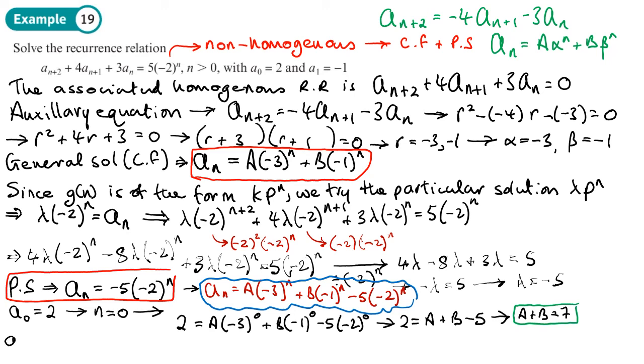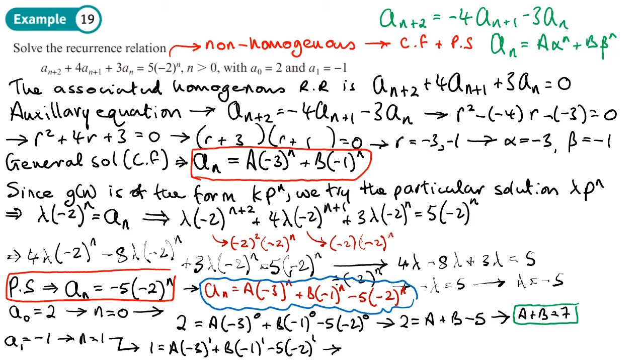Well, a_1 is negative 1. That means n is 1, so we'll substitute that in. We'll have negative 1 equals, whoops, I missed the A out, A times negative 3 to the power 1 plus B times negative 1 to the power 1 minus 5 times negative 2 to the power 1.